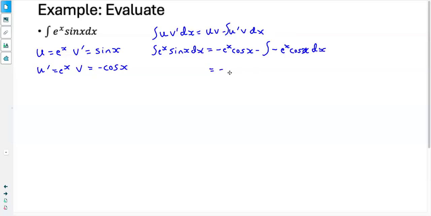Now we'll simplify this a bit. So this is negative e to the x cos x, and then we can move this negative out so it becomes plus our integral of e to the x cos x dx. Now with this, unlike previous examples we did where we could simplify down to a single term, we can't, so we'll repeat the process again.